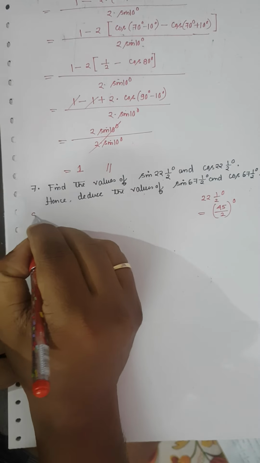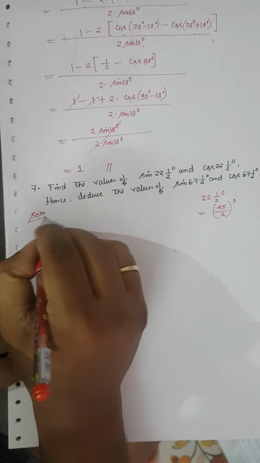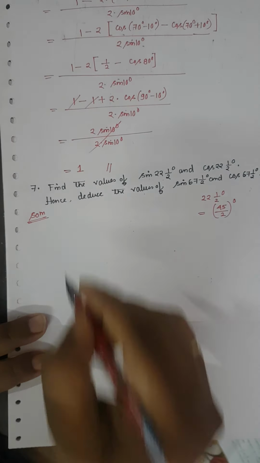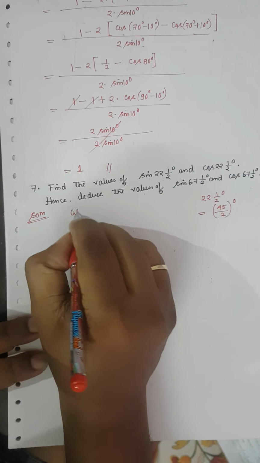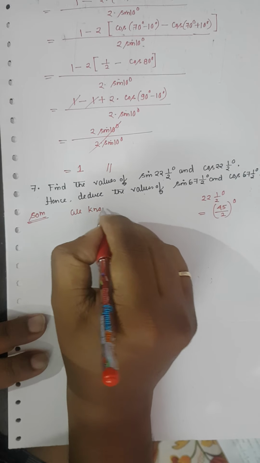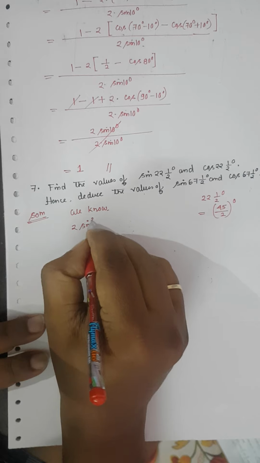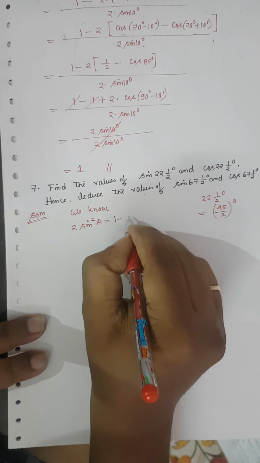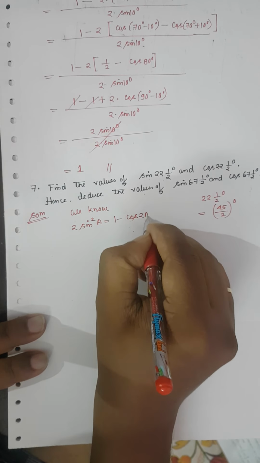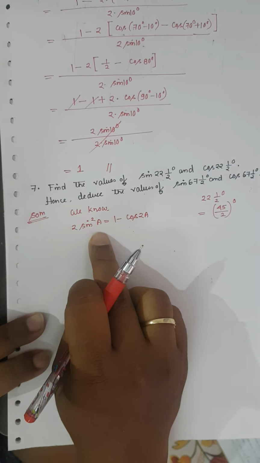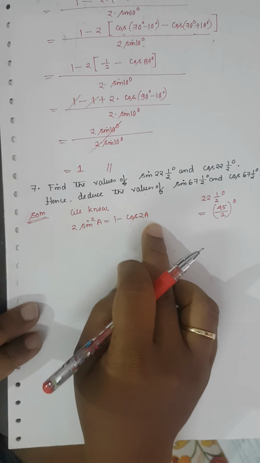So let's use the formula of cos twice A. We know twice sine square A is equal to 1 minus cos twice A. The formula of twice sine square A is equal to 1 minus cos twice A.